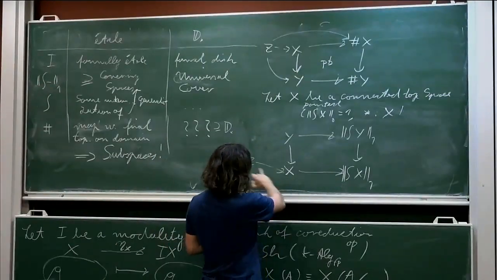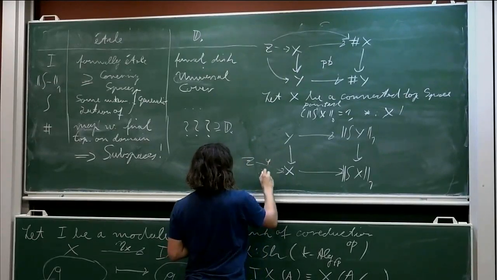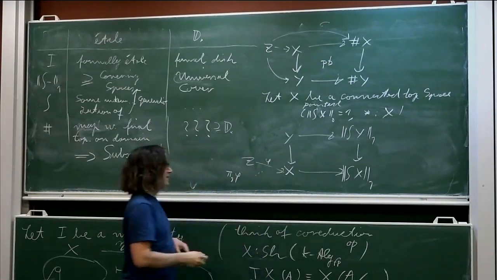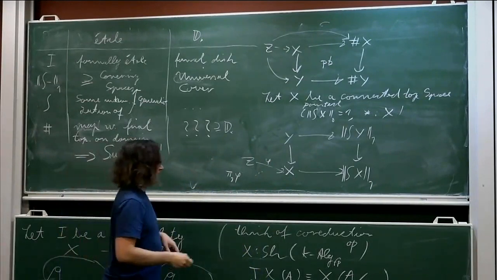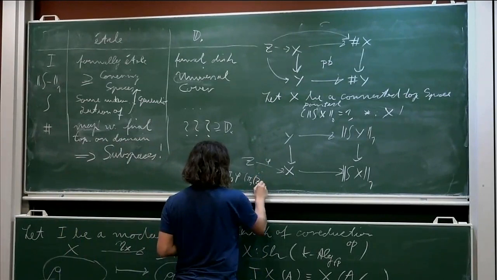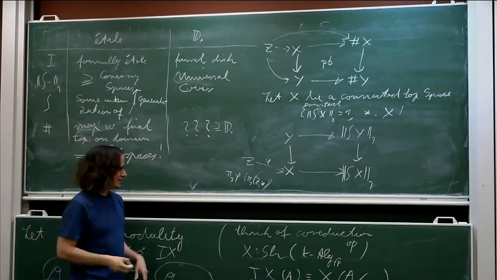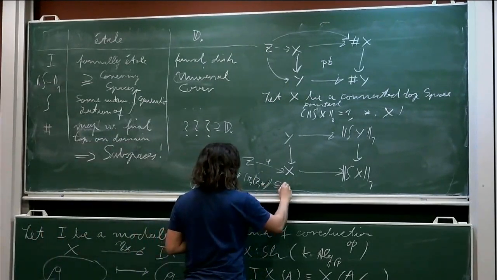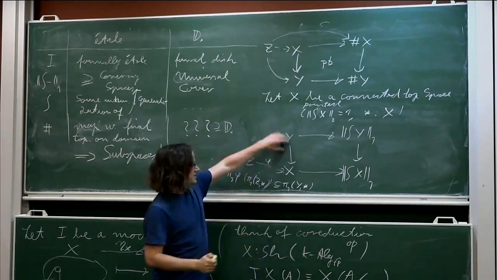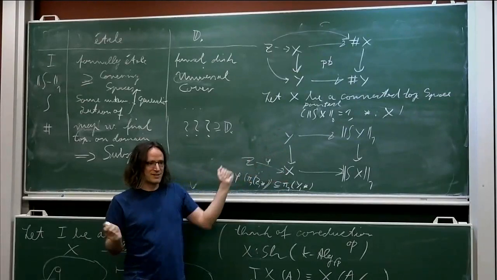And yeah, for every map like this, that's a map phi, such that if you apply the fundamental group functor, then the image of the fundamental group of Z, which shall be pointed, lies in the fundamental group of Y, which is a subset of this fundamental group because it's a covering space.